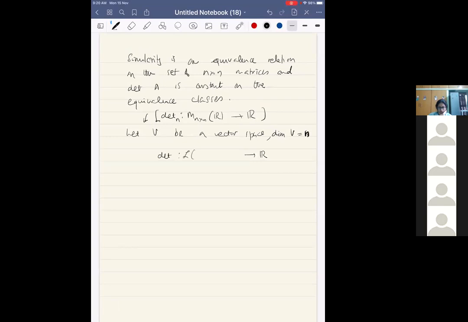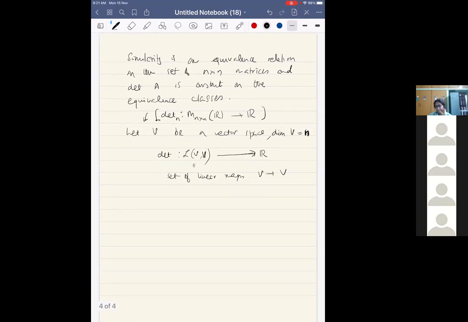I prefer this; this is the notation I have used in the notes. So L(V,V) is the set of linear maps V to V. Now note that this is more than a set. It is a vector space.